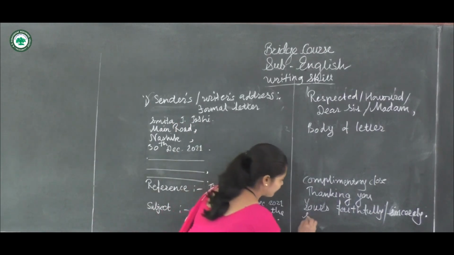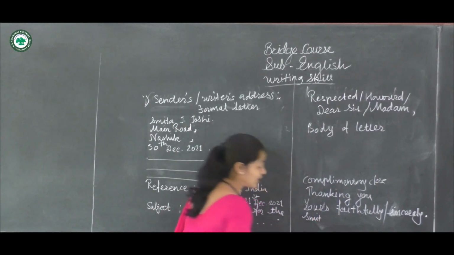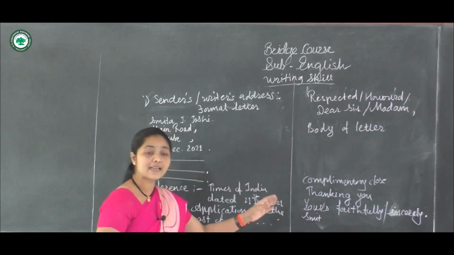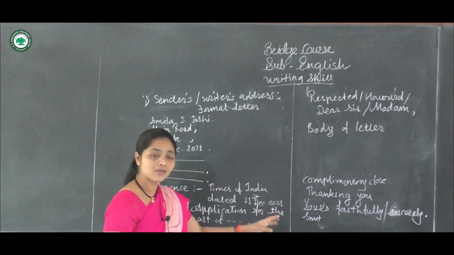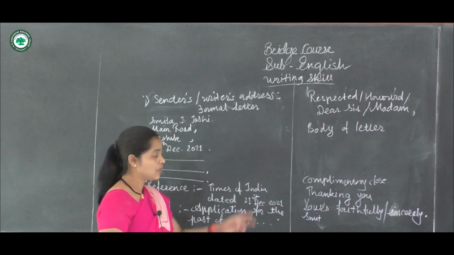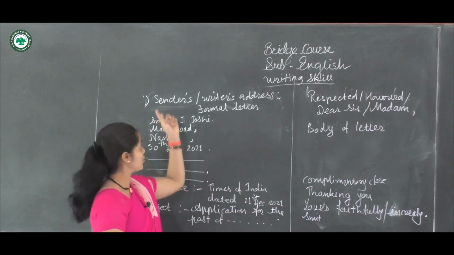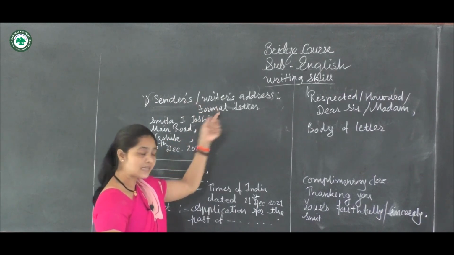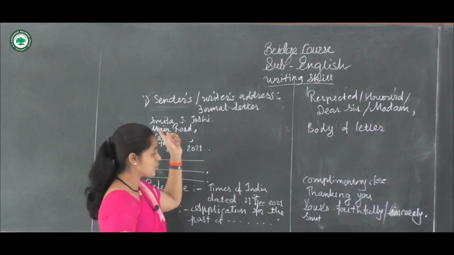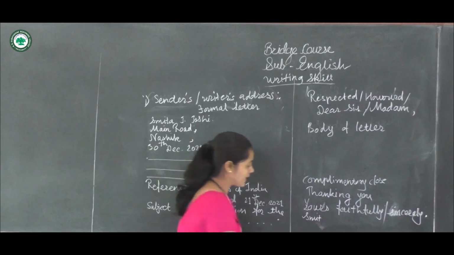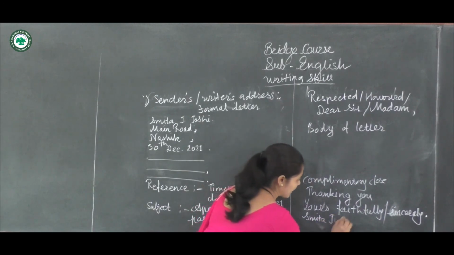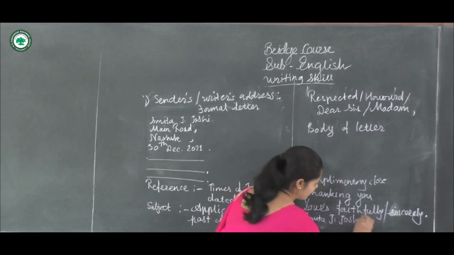Here, don't write ABC or XYZ, because you have already written in your address, the sender's or writer's address, Smita J. Joshi. So your signature is Smita J. Joshi. Put a full stop.